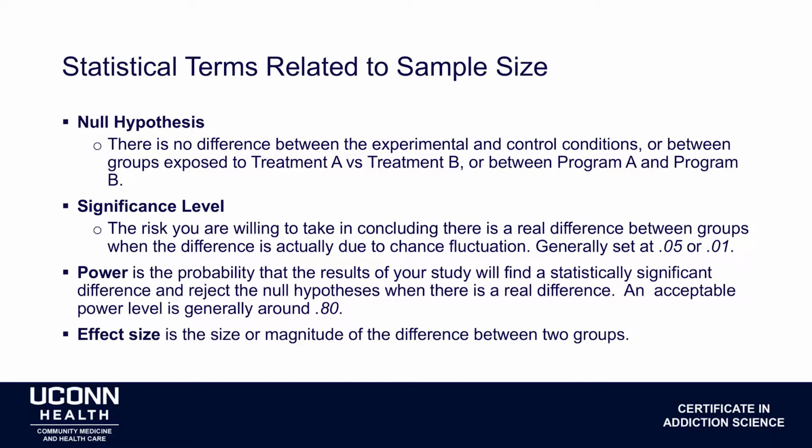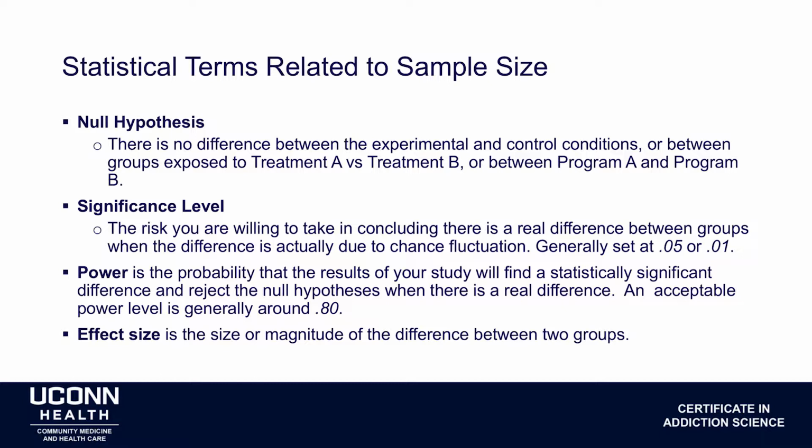So 0.01 means that one time out of 100 in the sample that you've recruited, you're going to get a significant difference just by chance fluctuation. And if you set it at 0.05, that means you're willing to take a risk of 5 wrong conclusions out of 100. In some cases, when you're doing exploratory research, you can shift the significance level to 0.10, for example, to take even greater risk. It all depends on what risk you're willing to take, and you need to consult with your statistician to determine what that's going to be.